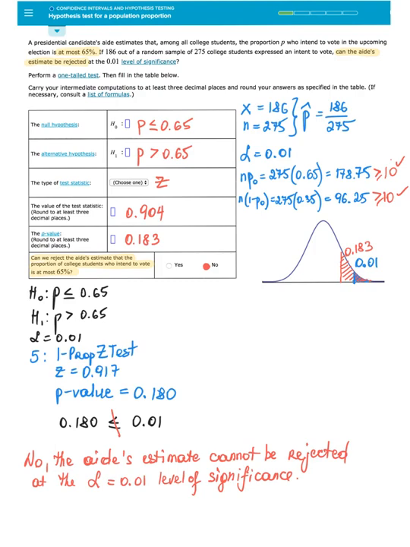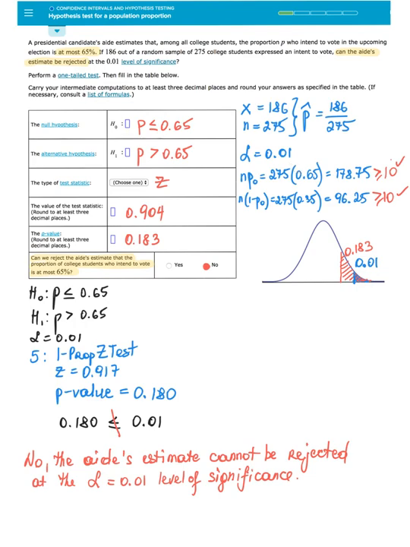Let's find out what we are given. We are told that X is equal to 186 and N, the sample size, is 275. So P hat, the sample proportion, is 186 out of 275. Alpha is 0.01.